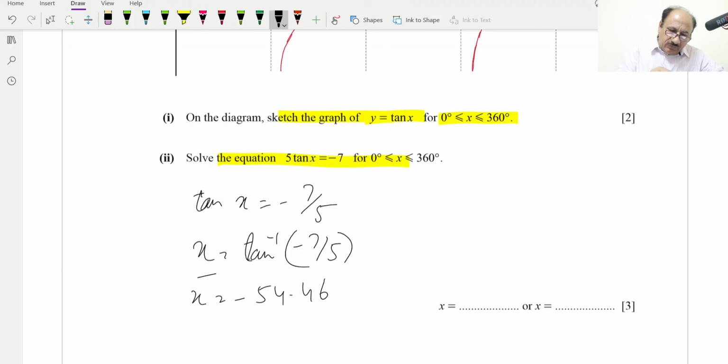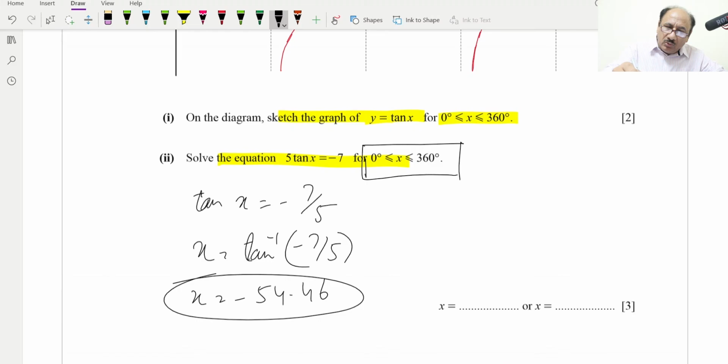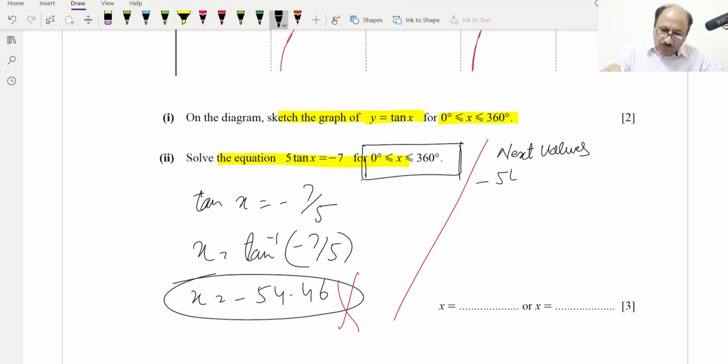Now they have given us the range from 0 to 360, so we cannot take this value. We'll have to check for the other values. What are the other values? Other values we will find by adding 180 to this one. Next values will be equal to minus 54.46 plus 180.